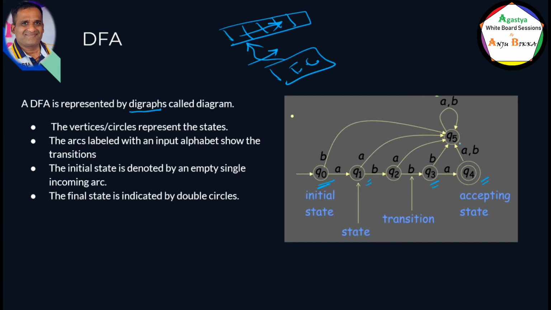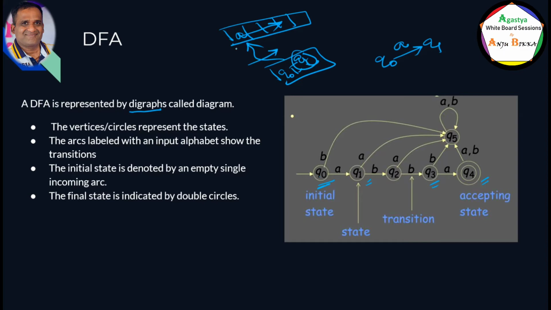And an arc is a directed edge between two nodes. Between the two nodes Q0 and Q1, there is a directed edge labeled with A. What does it mean? If the current state is Q0 in the finite control and the input is A, upon reading the input A from the state Q0, if the finite control moves to Q1, then we represent that transition in the diagram as an edge from Q0 to Q1 labeled with A.